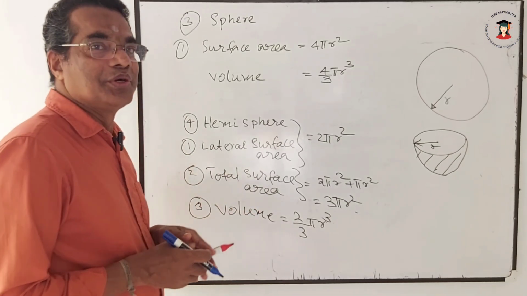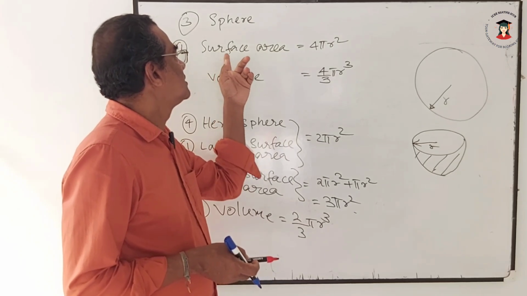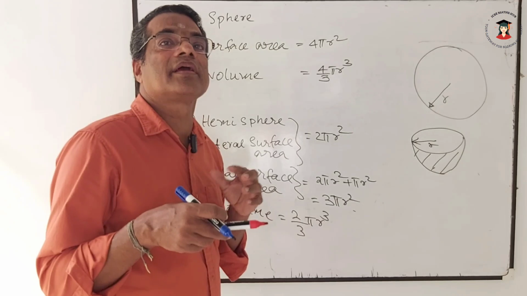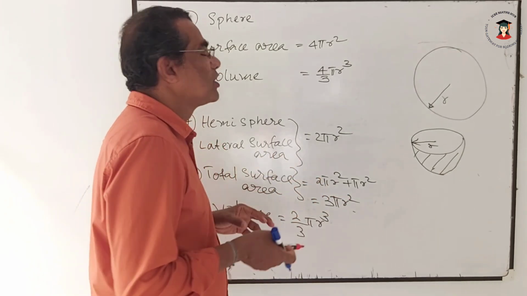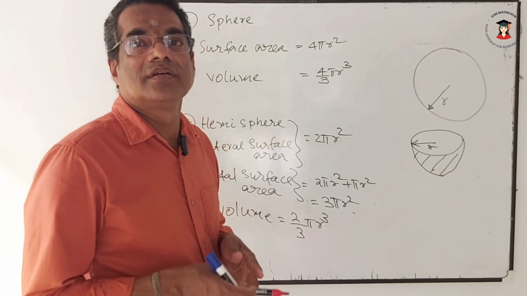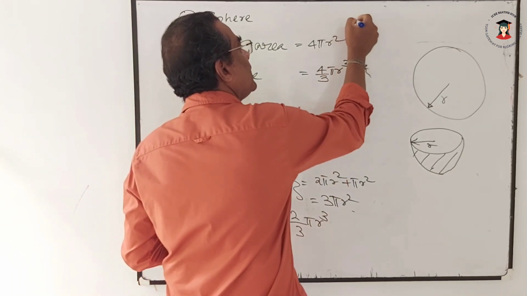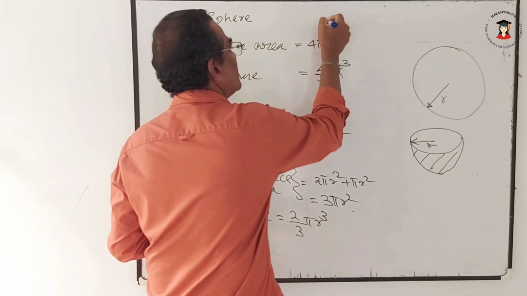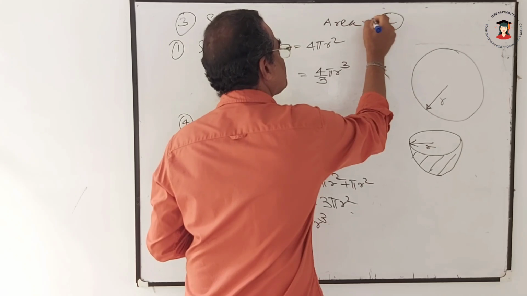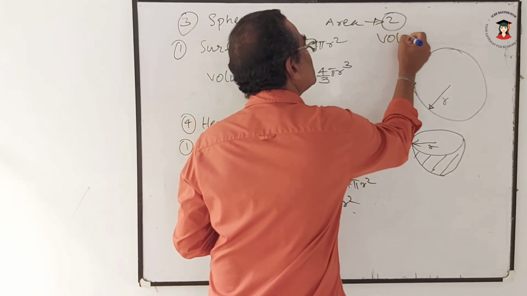One thing you need to understand: when I ask surface area, some of my students say 4 pi r cube, and if I ask volume, they say 4 by 3 pi r square. How will you remember it? Because area has only 2 dimensions and volume has 3 dimensions.